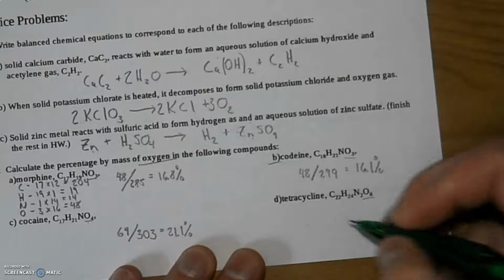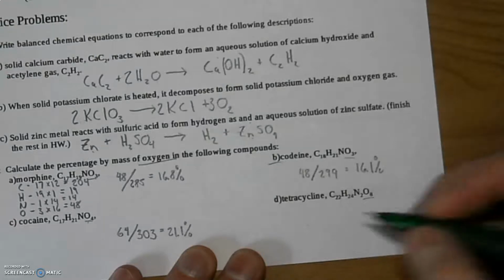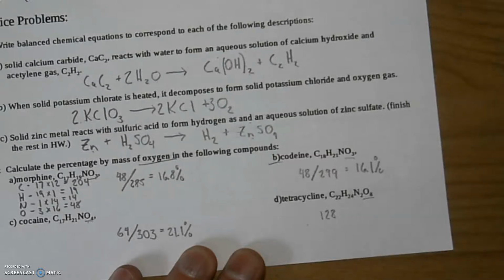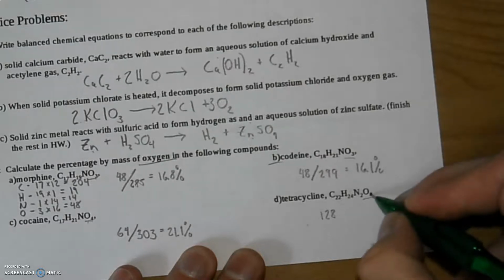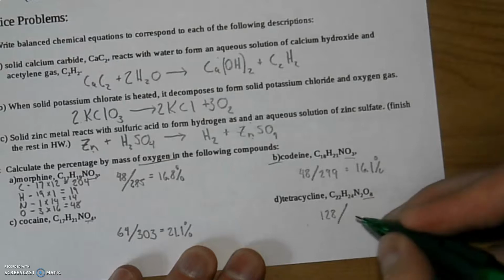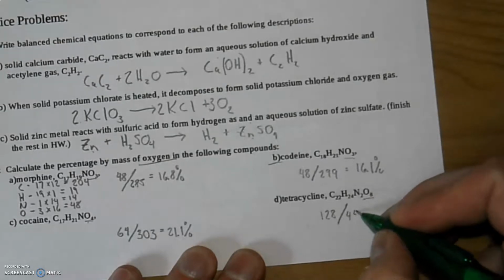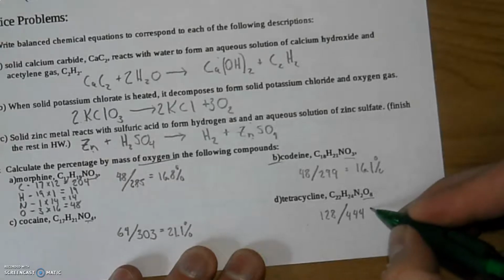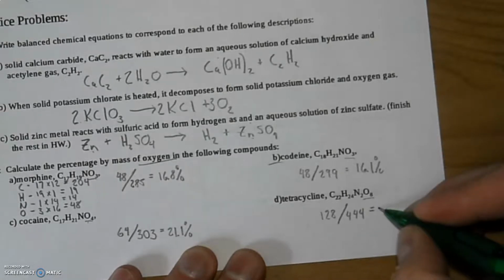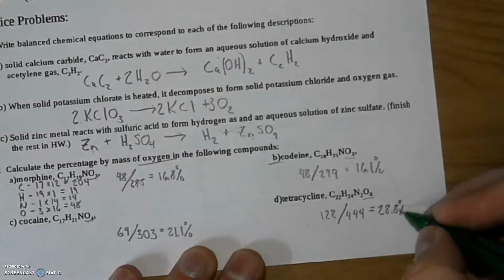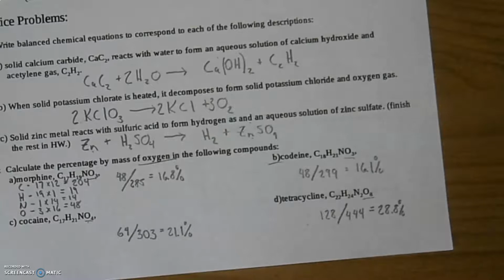And the last one, tetracycline, the amount of oxygen in that compound is going to be 128, so 8 times 16, divided by the total mass of the compound. It's going to be 444. Hopefully you got that. And the percentage would be 28.8% for the whole thing.